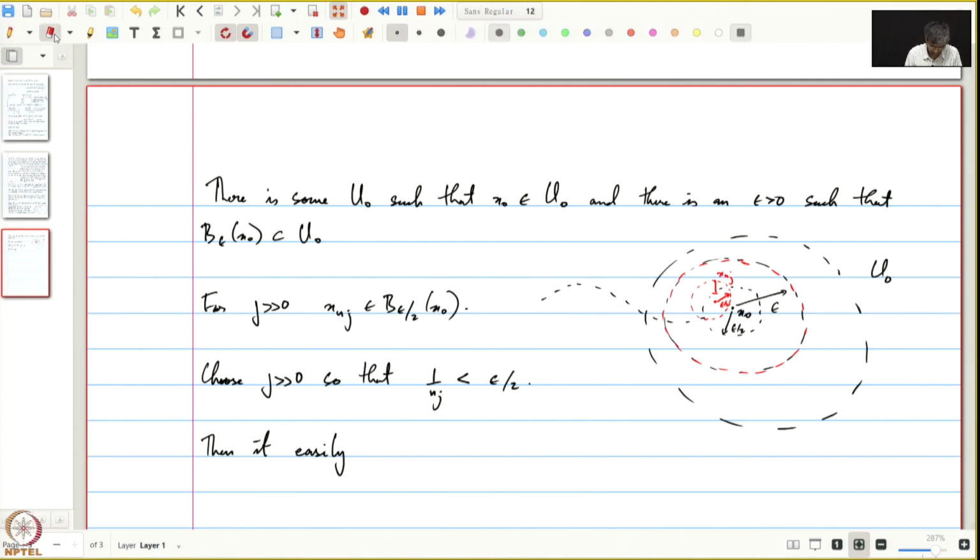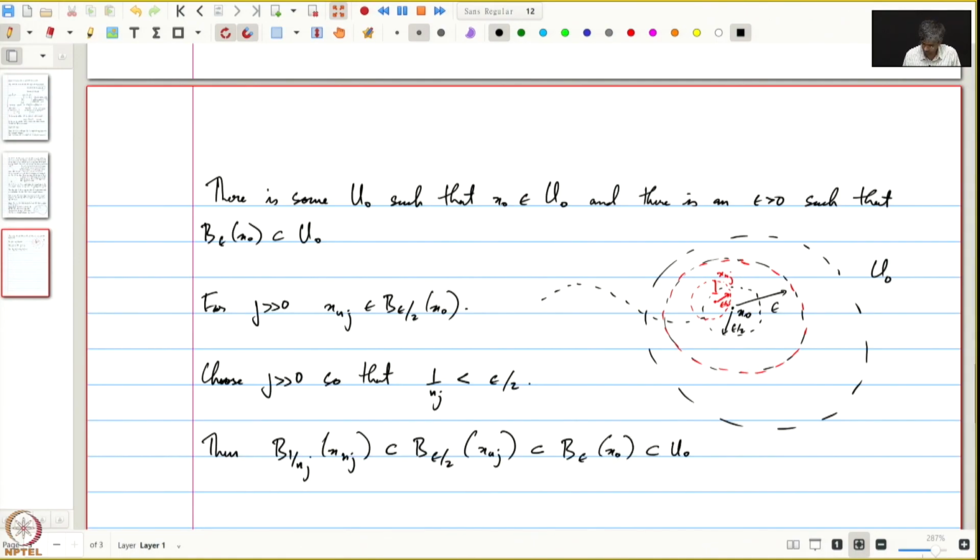Okay, so before that, right? So then the ball of radius 1 upon n j around x n j is contained in the ball of radius epsilon by 2 around x n j, and this ball is going to be completely contained inside the ball of radius epsilon around x naught, which is contained in u naught.